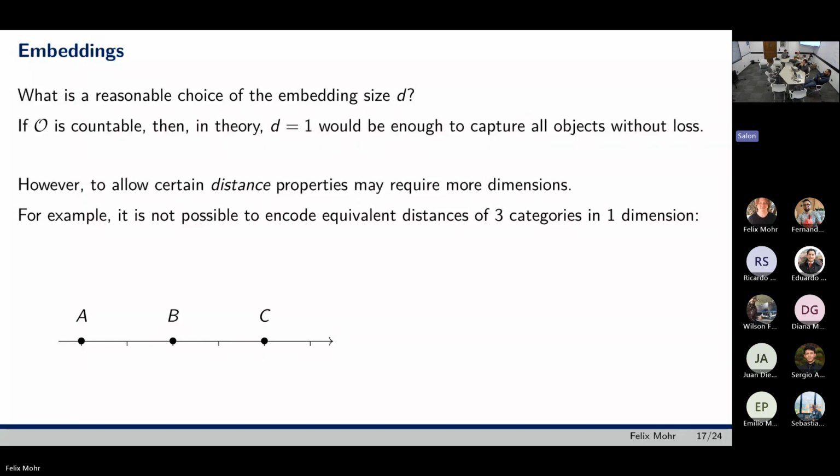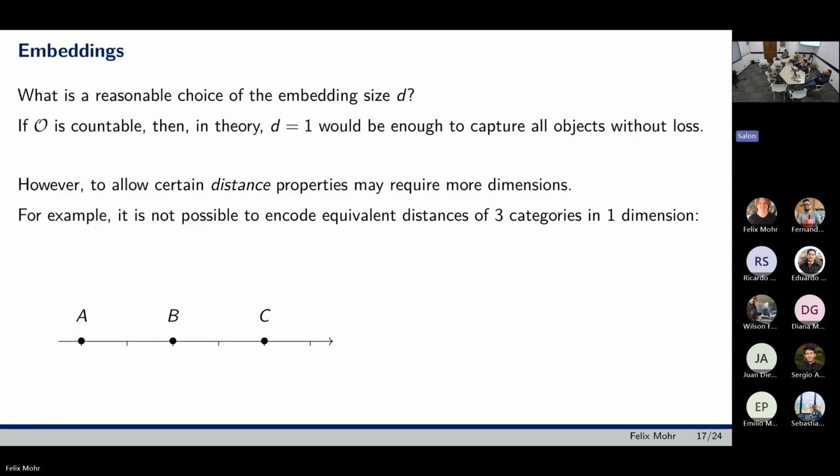So this means that if I want now to really express a nominal condition, that the distance between all of them is identical, I can't do it on just a line. So I cannot encode the nominal or the indifference property between 3 points if I only have an embedding size of 1.